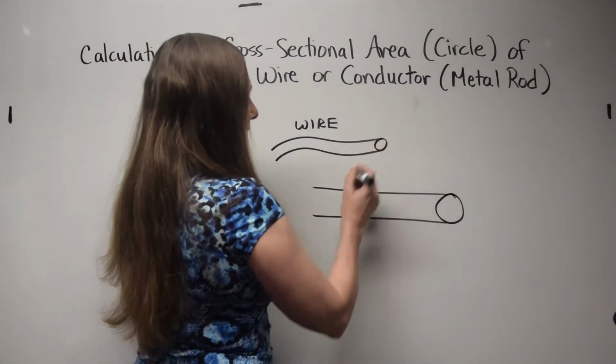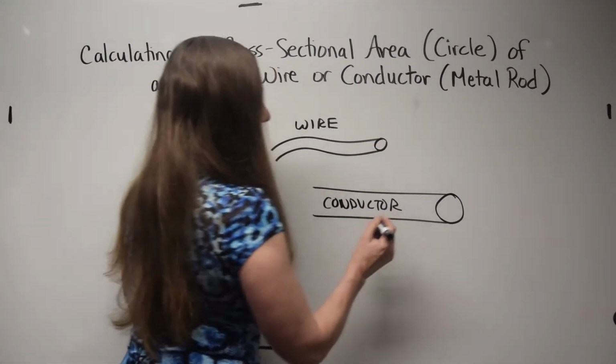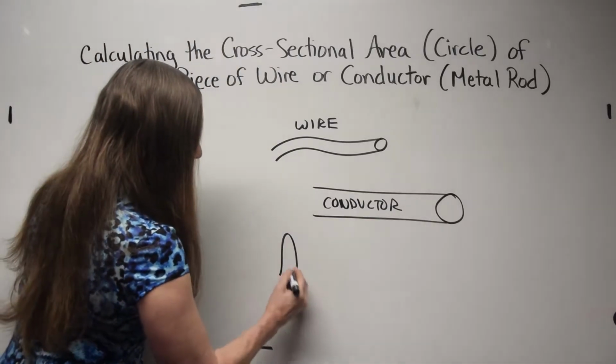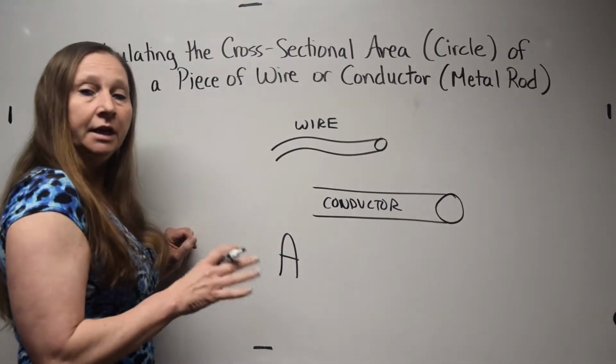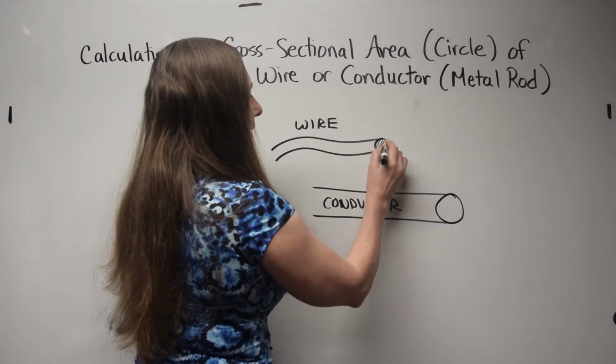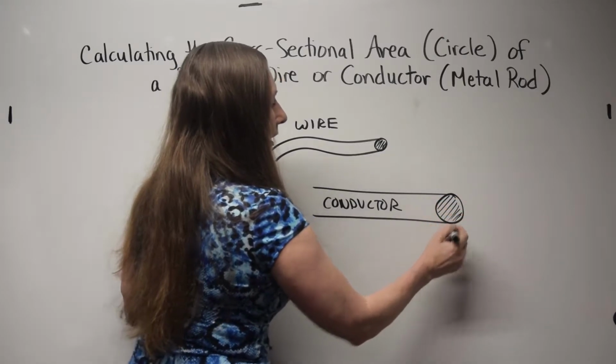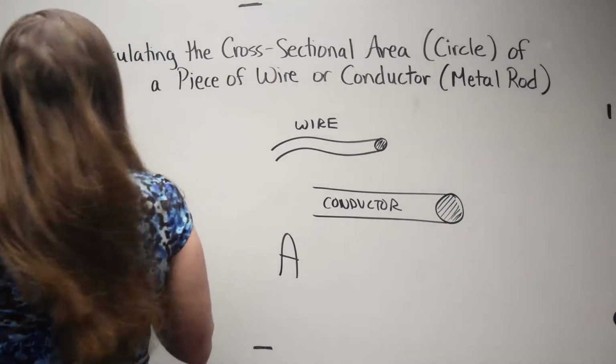So we're going to call this a conductor. What you're trying to calculate to get the letter A, if it's not immediately given to you in the problem, is the area of this little circle on the end of the wire, or the area of the circle on the end of the rod.